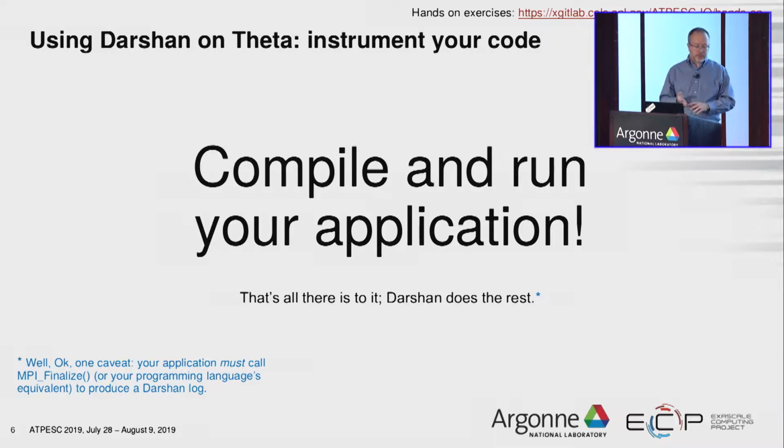Reasons you might not call MPI_Finalize are if you deliberately run to wall time, until your job runs out of time, or if your job crashes, or if you just forgot to call MPI_Finalize. So if you think Darshan's turned on and you're not getting a log, that's the first thing to check. If you don't normally call MPI_Finalize, then you may need to do a special run that does, just so you can get your log. But otherwise, it's supposed to be automatic.